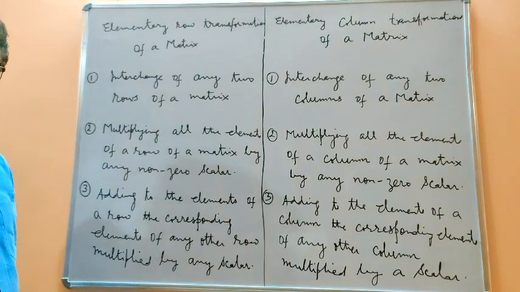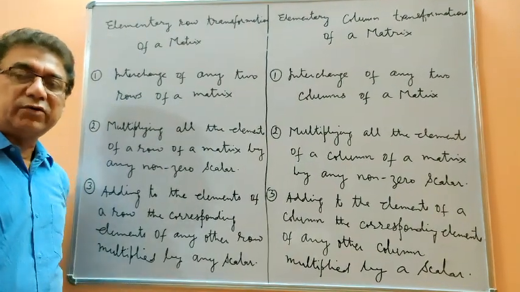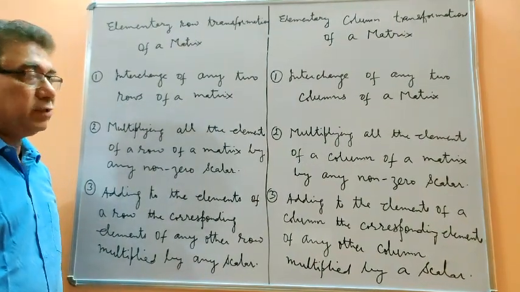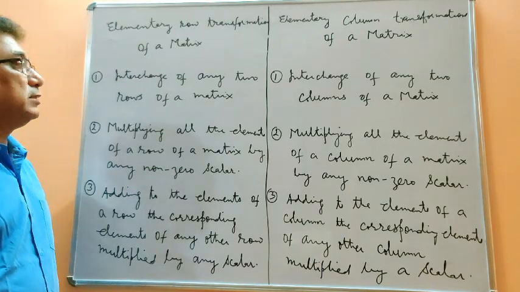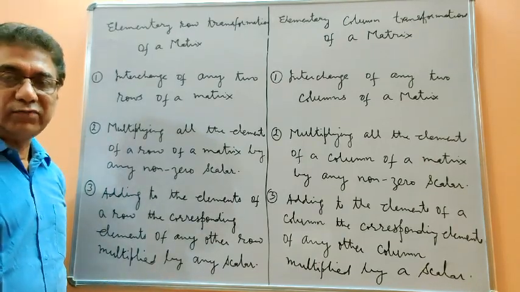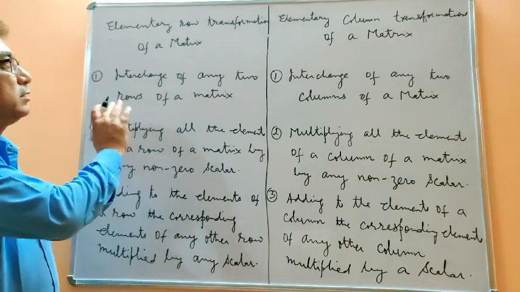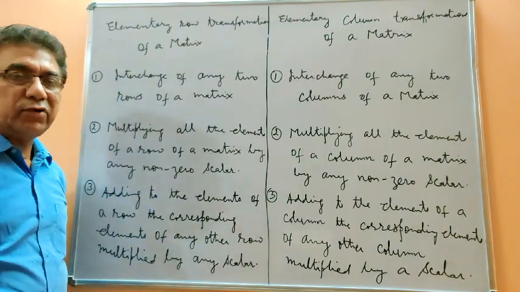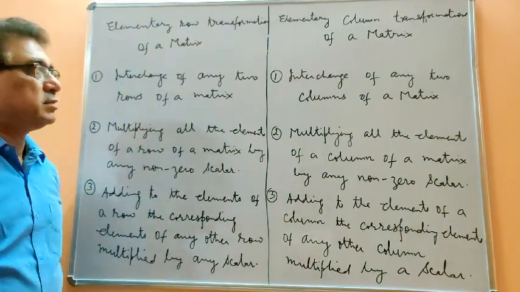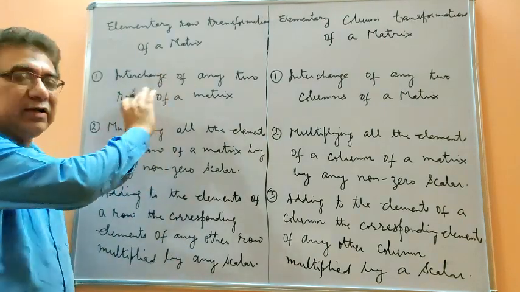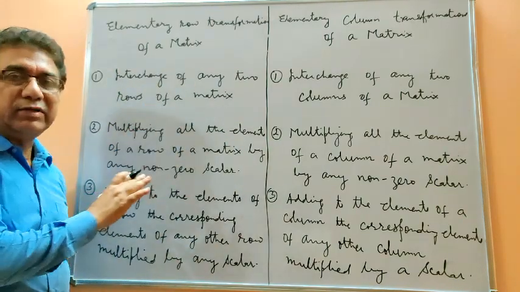Well students, now I will tell you about elementary transformations. I just told you that there are two types: first is called row transformation and second column transformation, and with the help of any one of them we can find the inverse of a matrix.